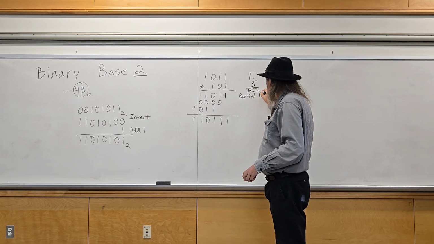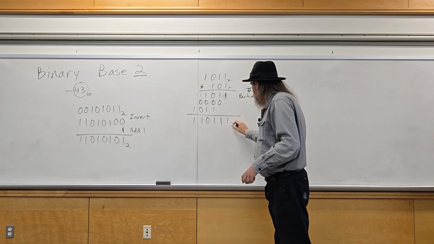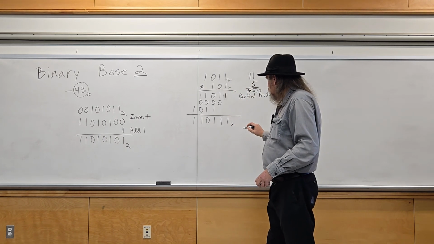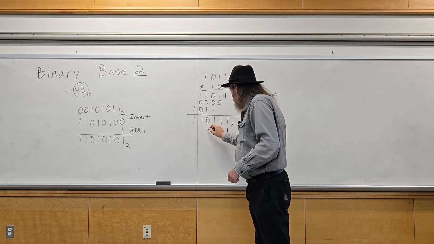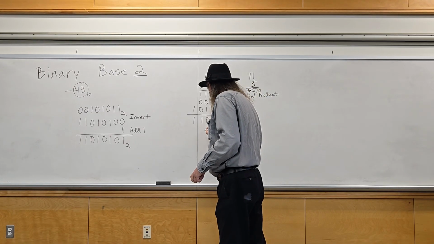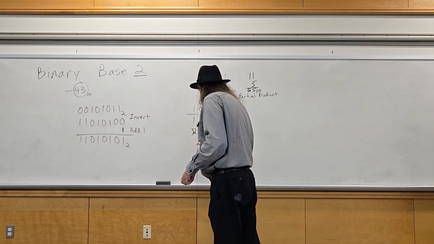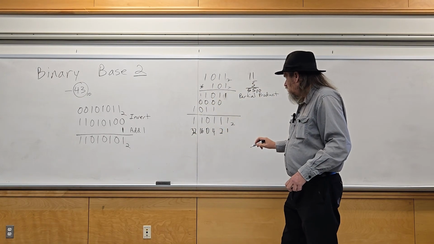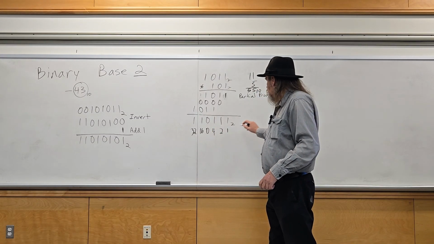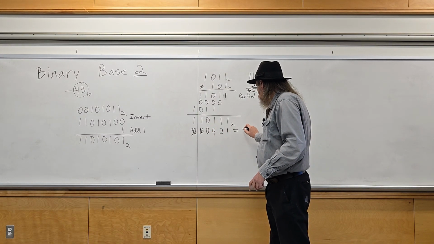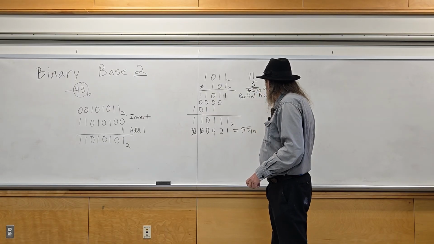And so we got 1 plus 2 plus 4 plus 0 plus 16 plus 32. So 16 plus 32 is 48, 52, 55. And it works out.